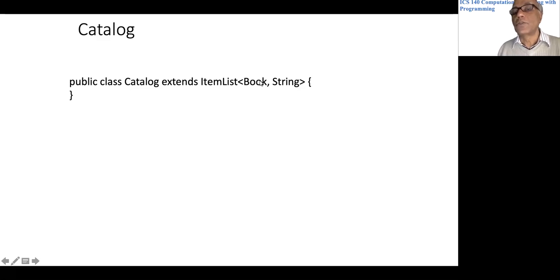So two arbitrary types will not be allowed by Java. You will get a compilation error. And one other thing, you are having catalog extend item list and member list extend item list, and they should be singletons.